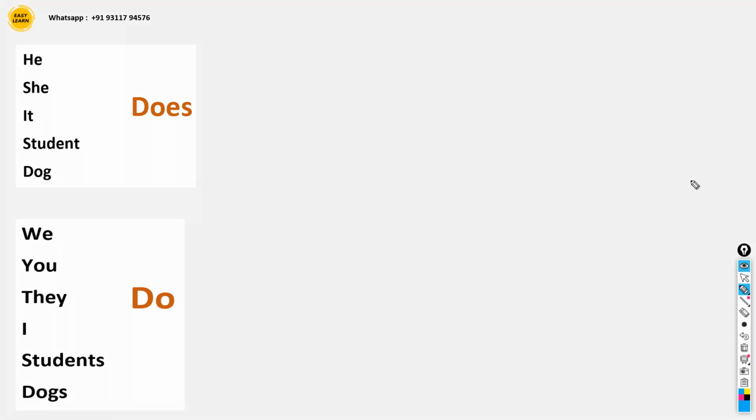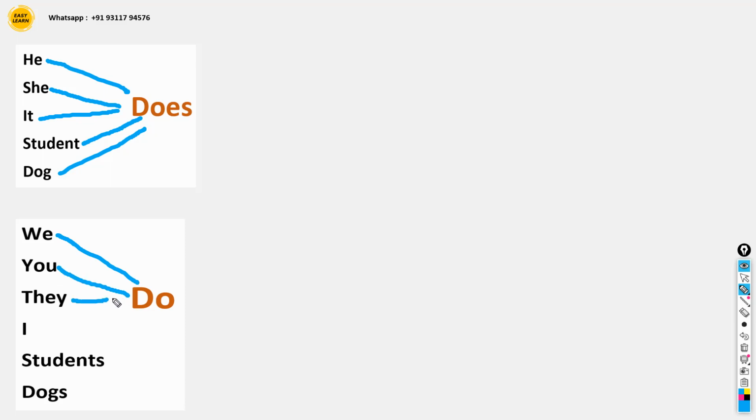Okay. So, now we use does with he, she, it, singular. For example, student, dog. He does, she does, it does, student does, dog does with singular. Do we mostly use with we do, you do, they do, I do, students do, dogs do.